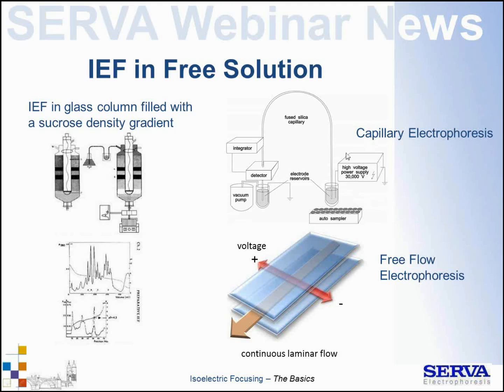Nowadays people do, for instance, capillary isoelectric focusing or free flow electrophoresis. These are separation techniques which do not use a gel matrix. And as I said, in isoelectric focusing you don't want to have a sieving effect, and you have this so-called focusing effect.